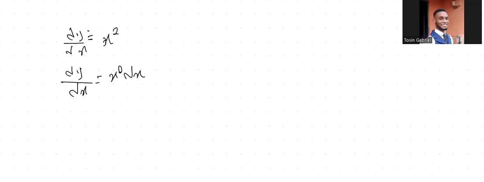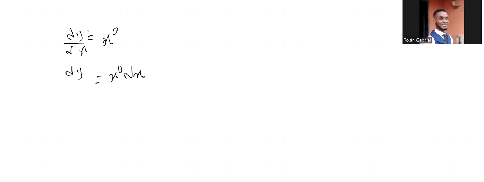For example, let's say that you have dy dx equals, let's say, x squared. This is just an example of direct integration. What you simply do is cross multiply. So you have dy equals x squared dx.